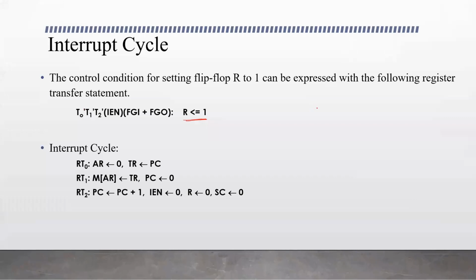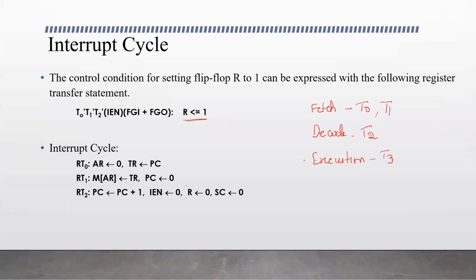T0 is a timing signal. The fetch phase of our instruction is done at T0 and T1, two sets of micro operations we have seen for fetch, and decode is done at time T2. For input output instructions, execution is done at time T3.